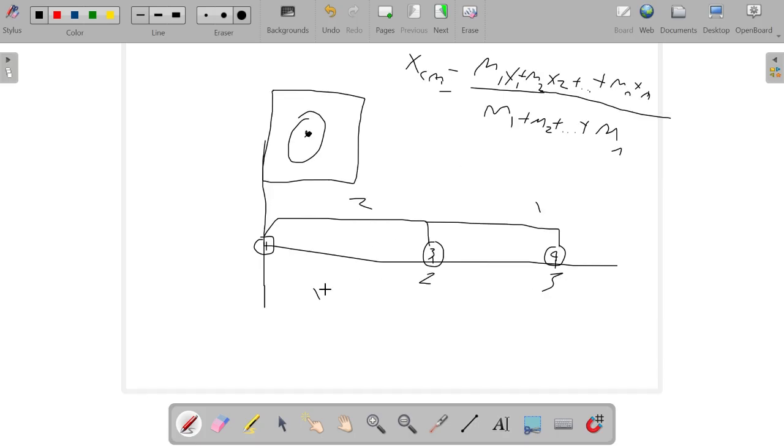for the center of mass of this system, it would just be 1 times 0 plus 2 times 3 plus 3 times 4 over 1 plus 3 plus 4.